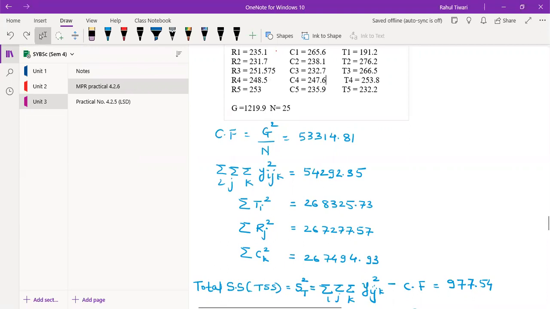Yes, 575. I think they have approximated to 6. It is possible, you can approximate the value.